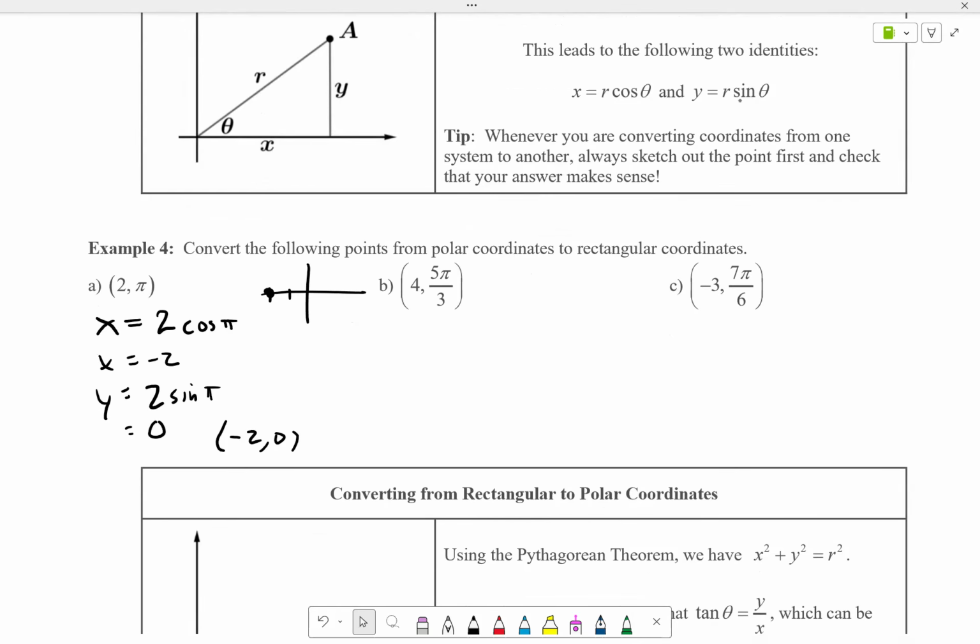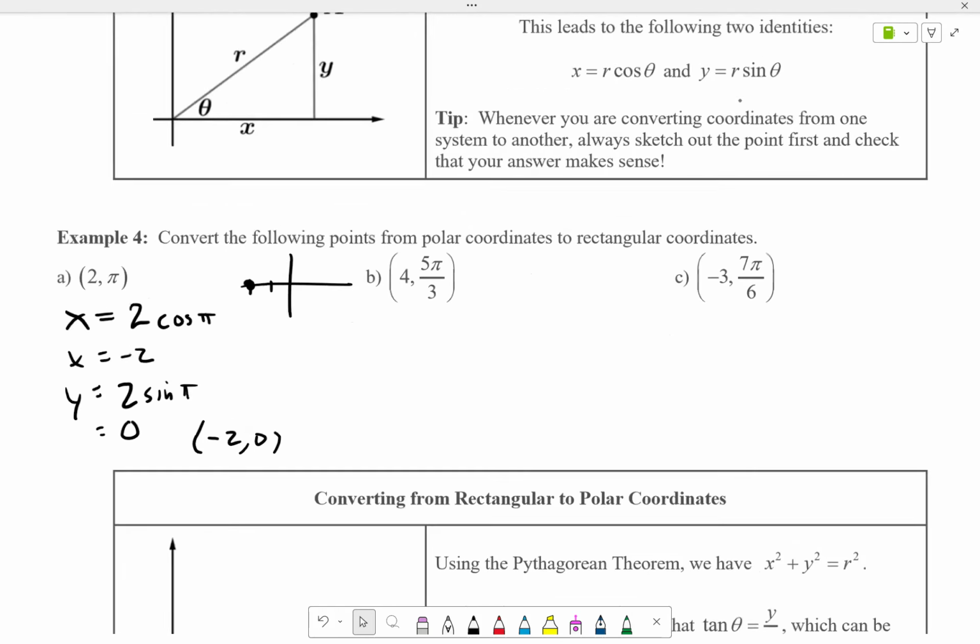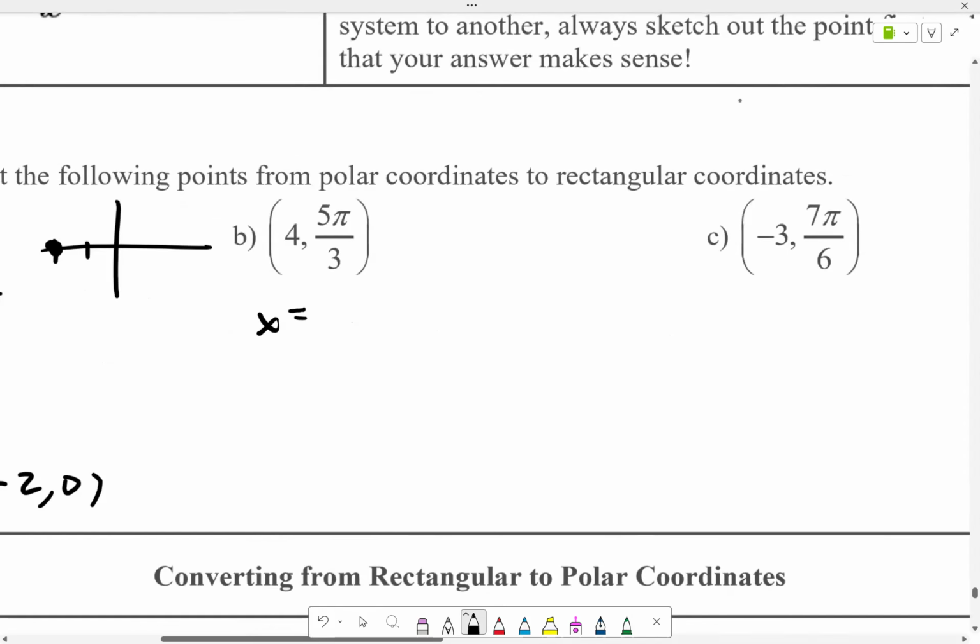Okay, for B, Judy, help us out here. Are you sure it's cosine? Okay. And then what happens from there?